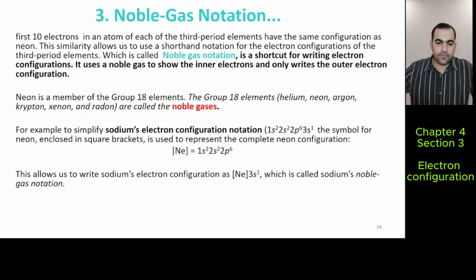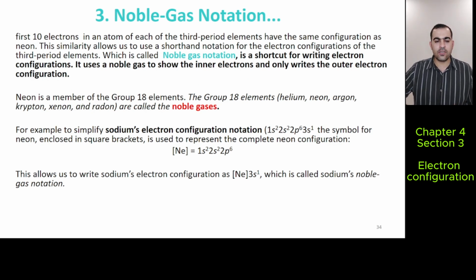It says this similarity allows us to use shorthand notation for the electron configuration of the third period elements, which is called noble gas notation. It is a shortcut for writing electron configuration. This is important: it uses a noble gas to show the inner electrons and only writes the outer electrons.